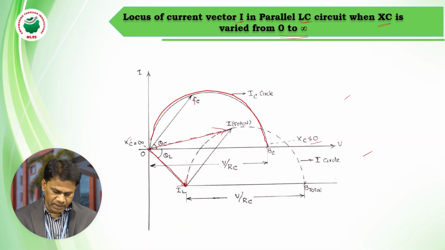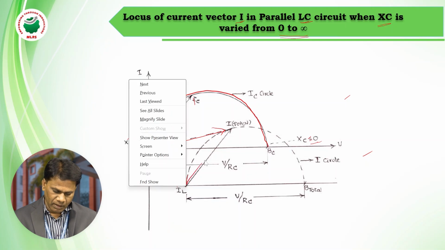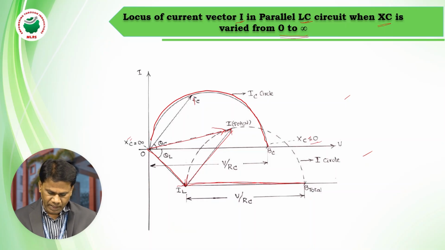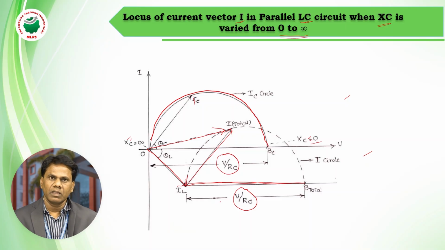obtained by adding IL onto the tip of the variable vector, with a diameter of V by RC. This is the diameter which we are taking. The diameter of the locus of the total current is parallel to the diameter of the vector IC.